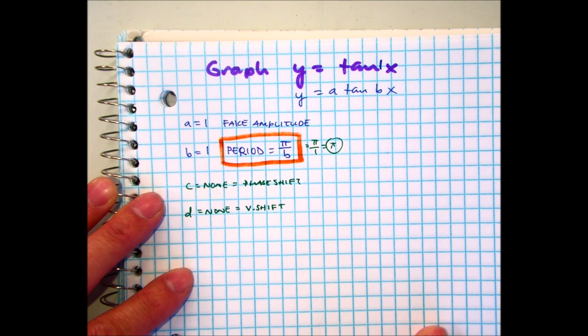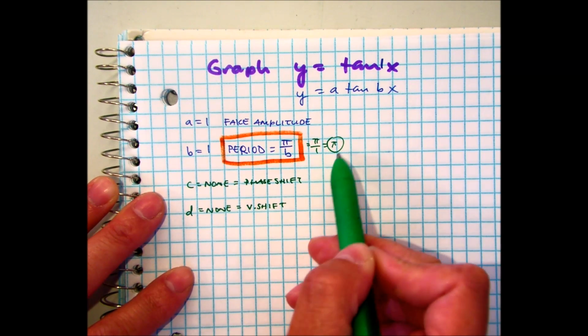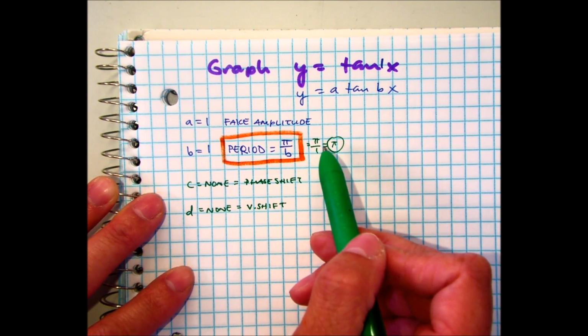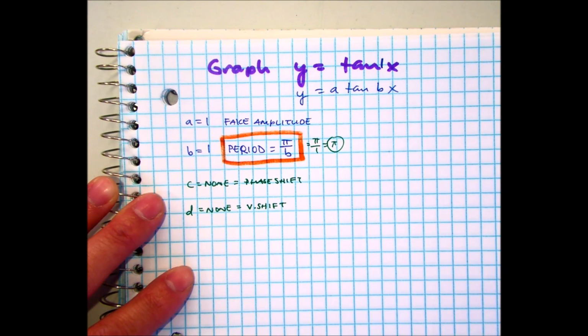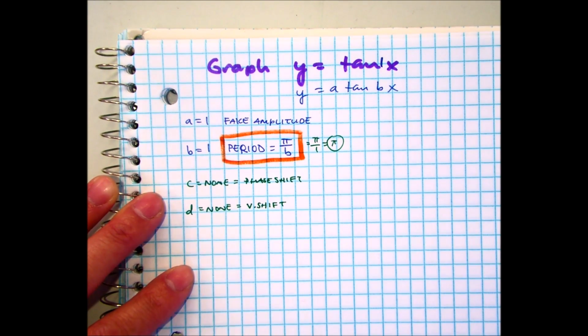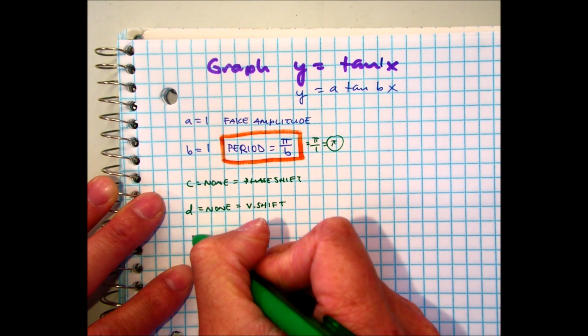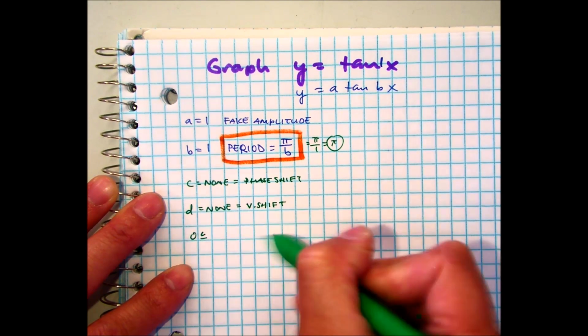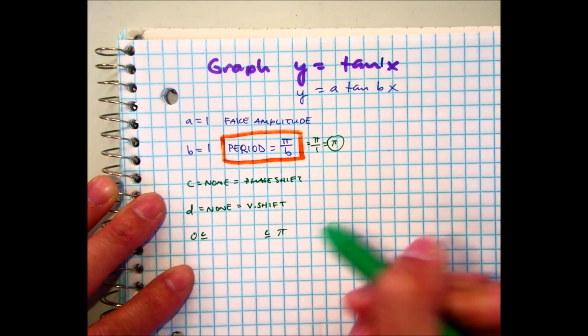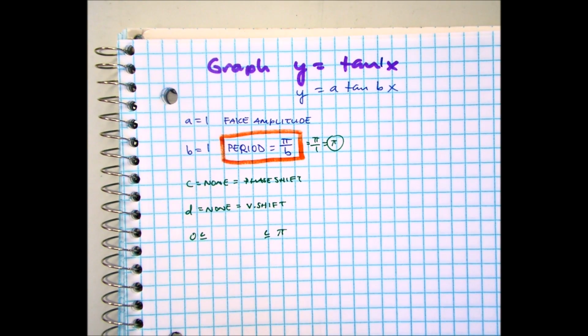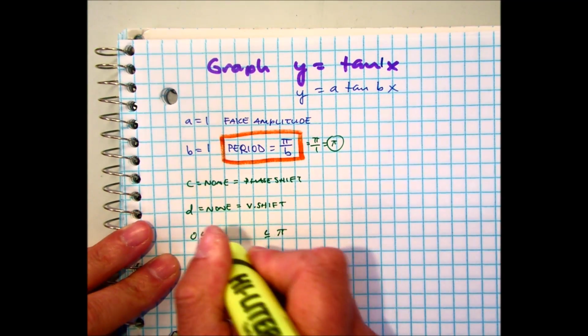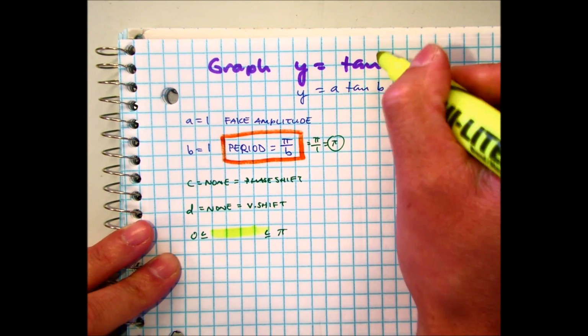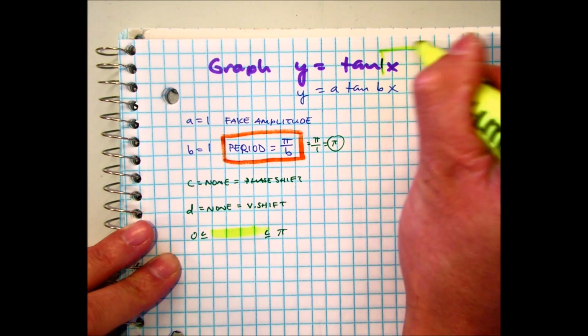Now, this tells you the total length of the trig function, but it doesn't tell you where to start and where to end. Previously, sine and cosine took a period of 0 to 2 pi to finish. Tangent takes 0 to pi. And we did this inequality before. So what you're going to put here is everything to the right. Everyone say that.